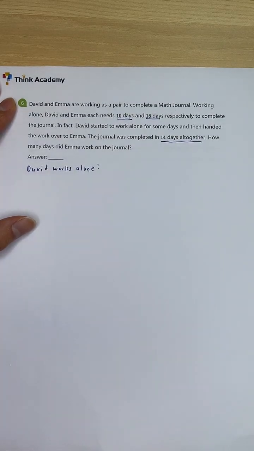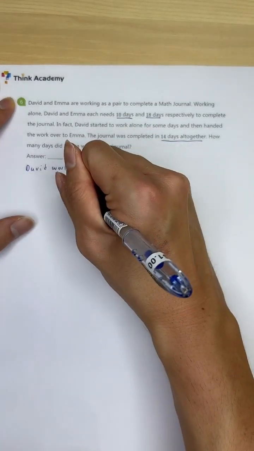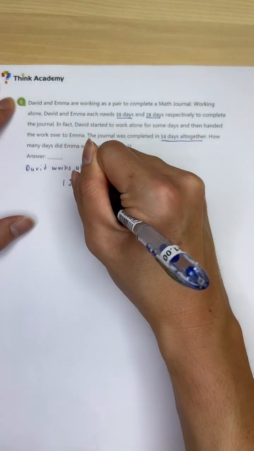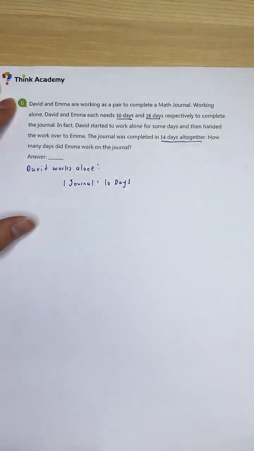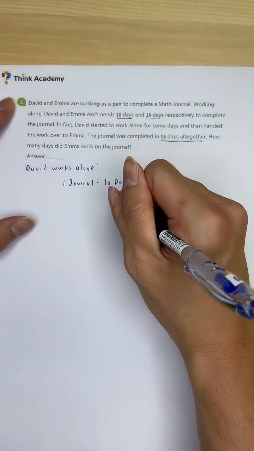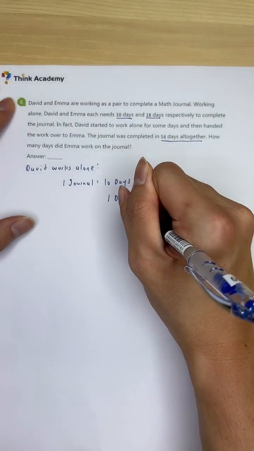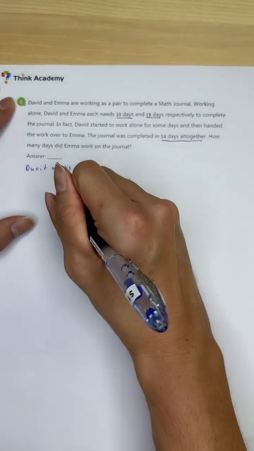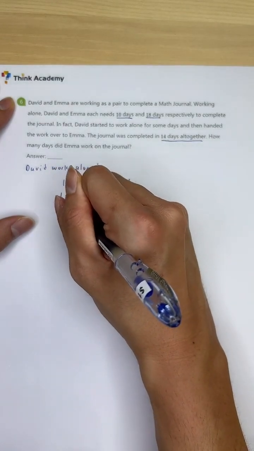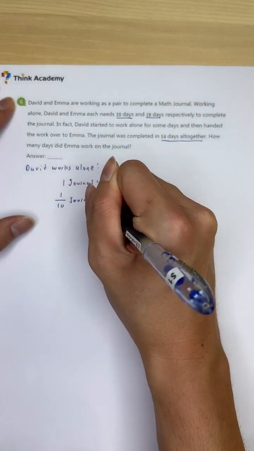One journal will be equal to 10 days for David. So now you need to ask yourself, if David works alone, one journal is equal to 10 days. What about 1 day? 1 day is just going to be 1 over 10 of a journal, right? So it's going to be 1 over 10 of a journal.